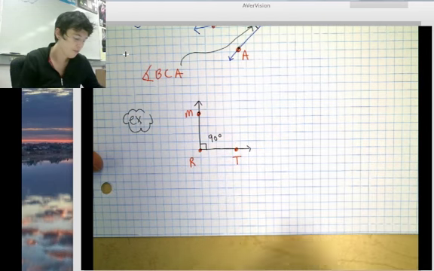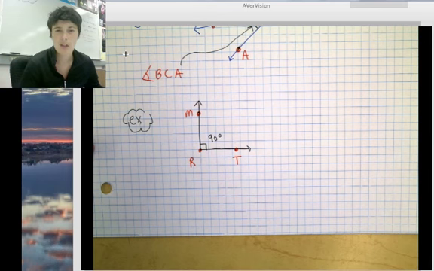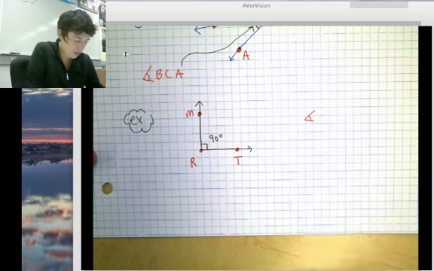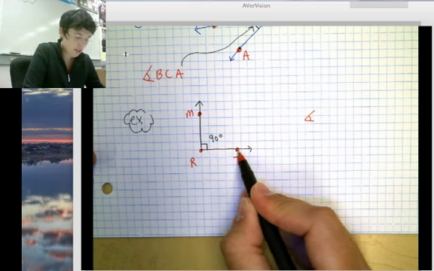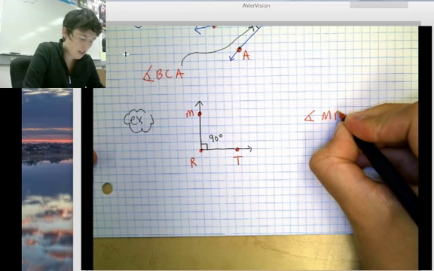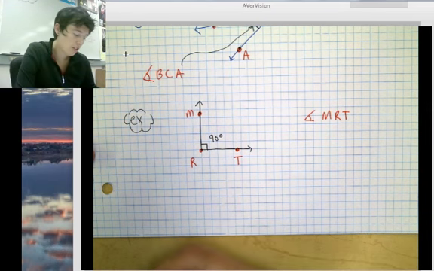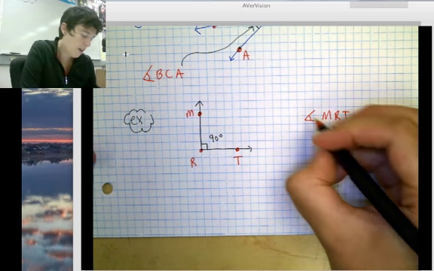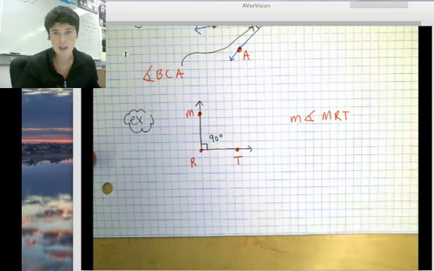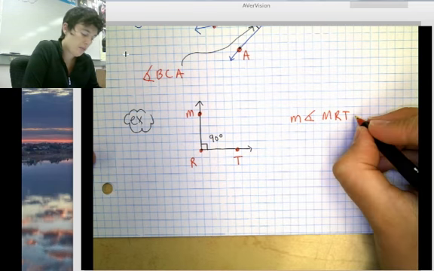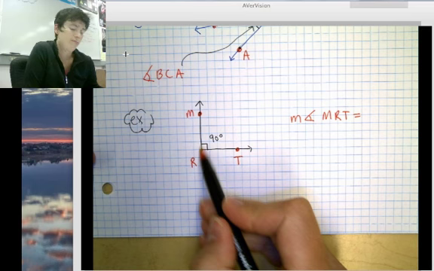T. So if I said, what's the measurement of this angle? You'd look at the angle. It goes MRT. But I want to know its measurement. So I'm not just going to write angle MRT. I'm going to write measurement of angle MRT. And the little m out here means measurement. And what's the measurement of this angle? Well, it's right in front of me.